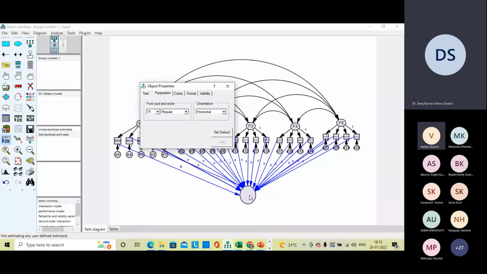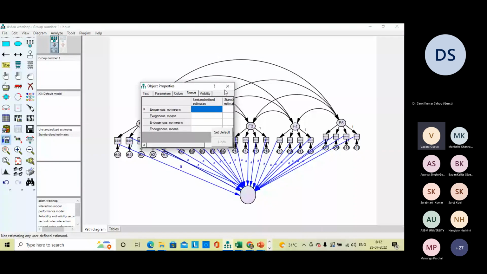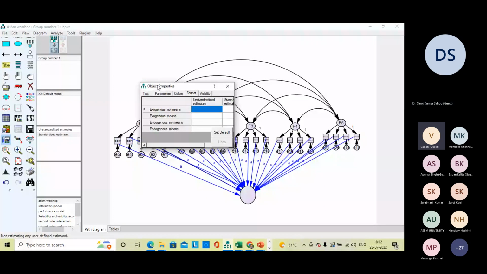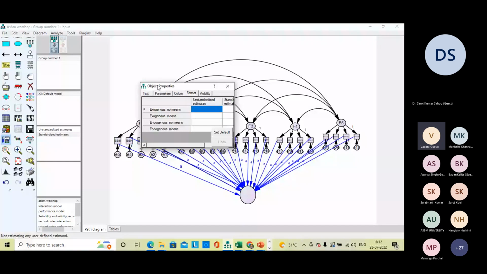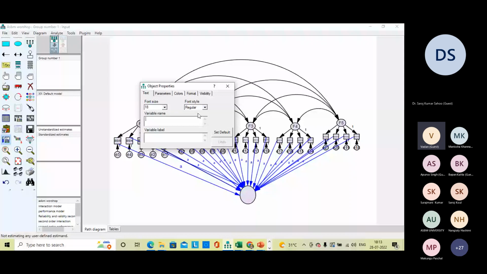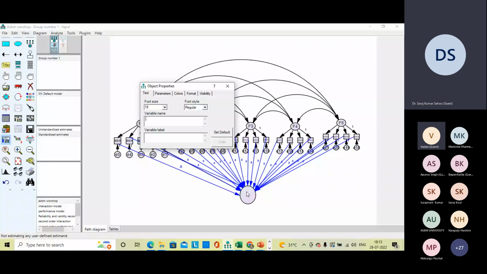What is happening here? Oh, sorry. I need to name it first. As I have not named it, it is not showing anything.